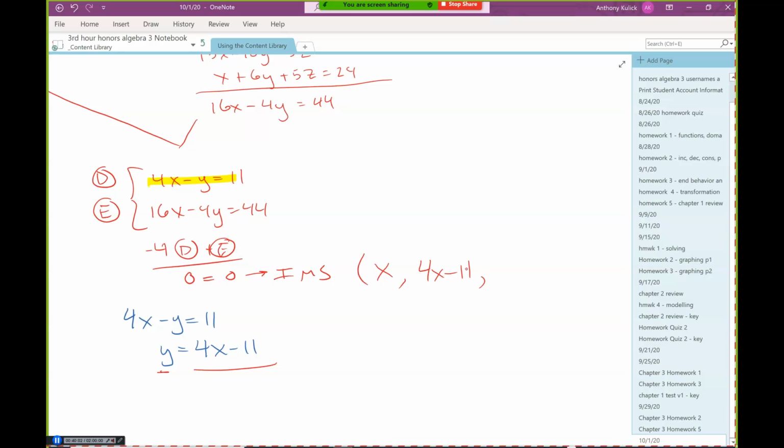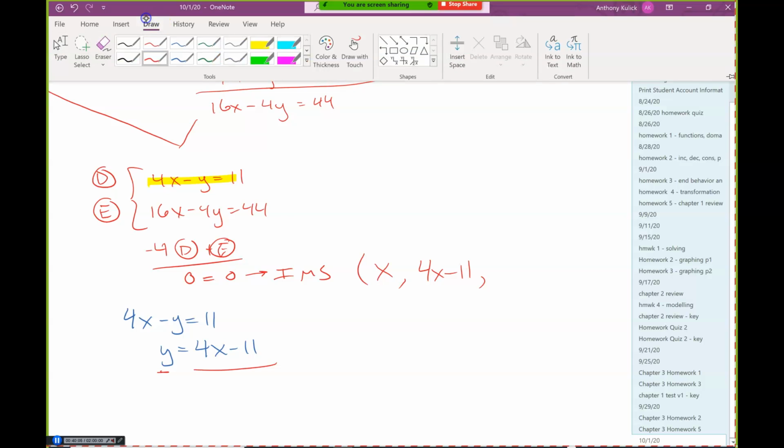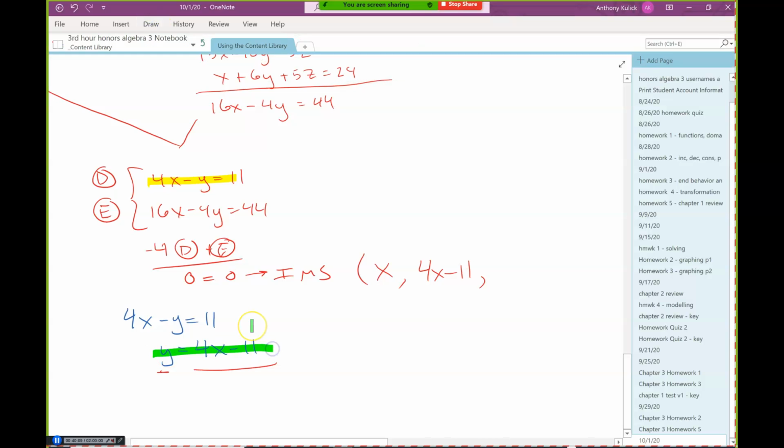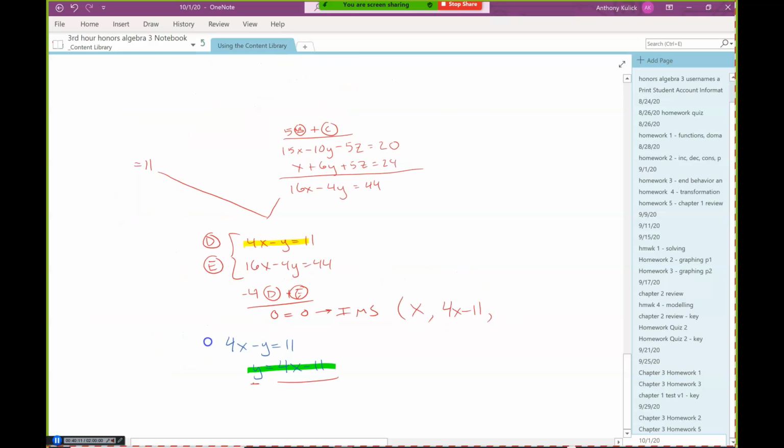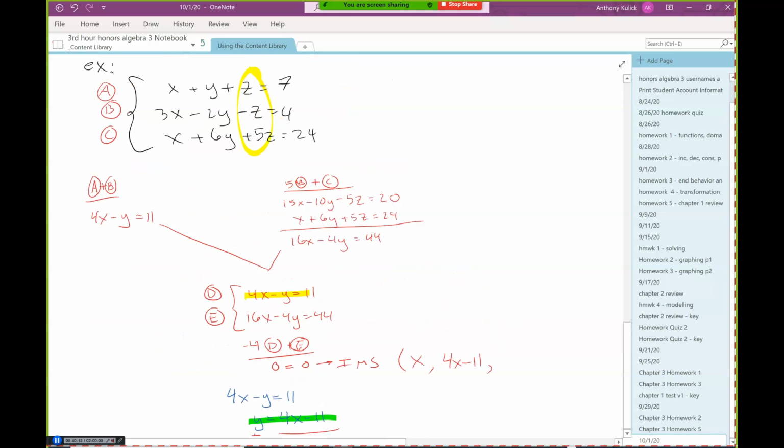Now to figure out how to write my z variable, I'm going to take my equation for y to one of the original three. It doesn't matter which one. For me personally, I would pick A because the coefficient on z is already positive 1. It makes the algebra a little bit easier. They'll all, in fact, give you the same result.